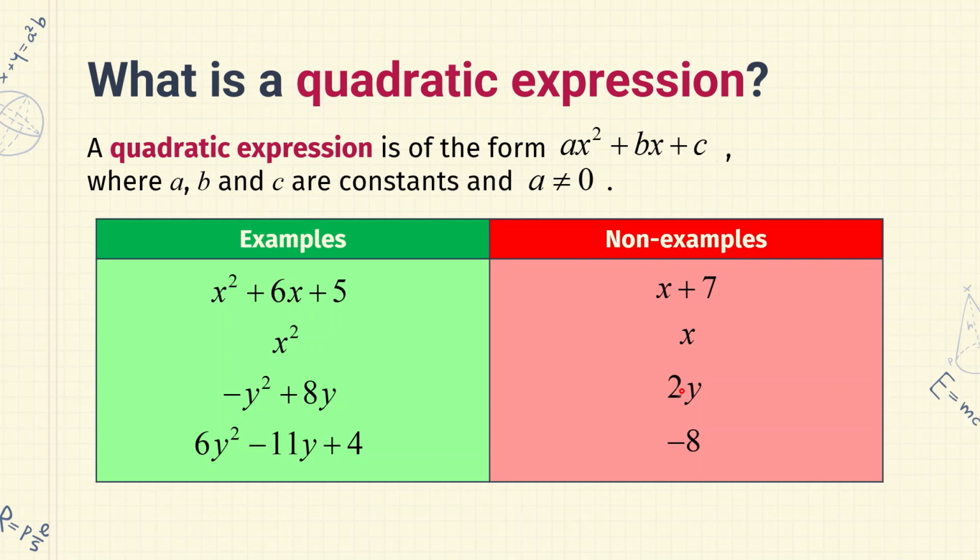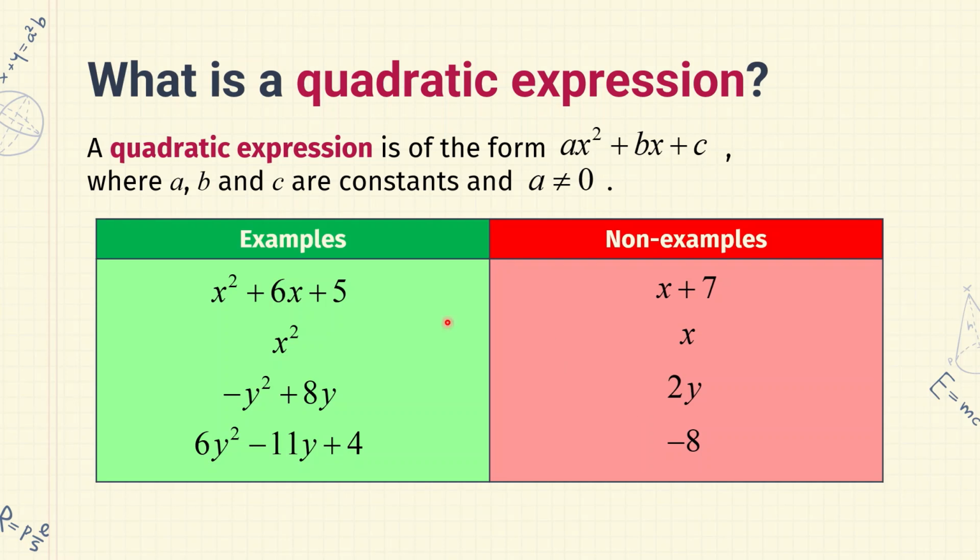We keep in mind that 2y is not the same as y squared. 2y means 2 times y, which is equivalent to y plus y. But y squared is repeated multiplication of y times y. So y plus y is definitely different from y times y.